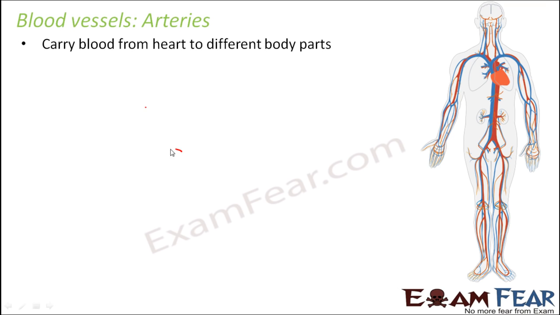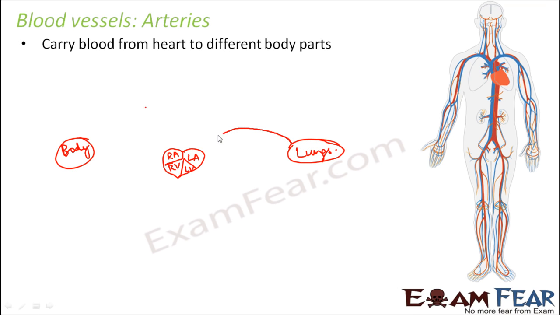If you remember the circulation process of the human heart, what did we see? It had 4 chambers: right auricle, left auricle, right ventricle and left ventricle. And how was the blood being circulated? If this is the lungs and this is the body, meaning the different tissues of the body, the oxygenated blood from the lungs comes into the left auricle.